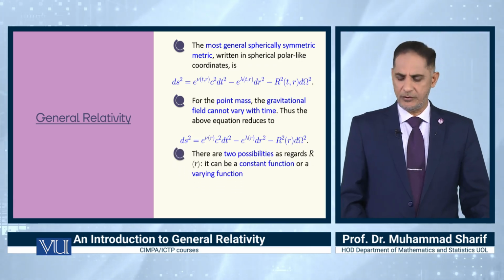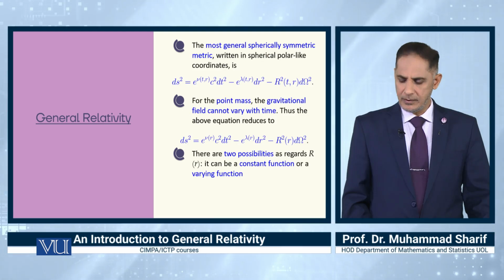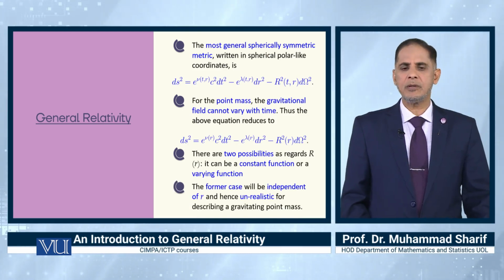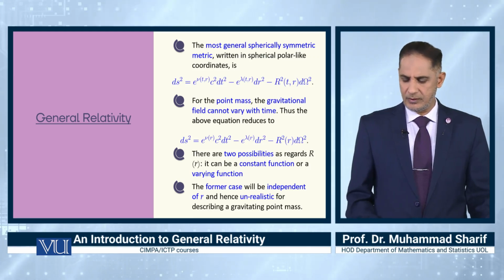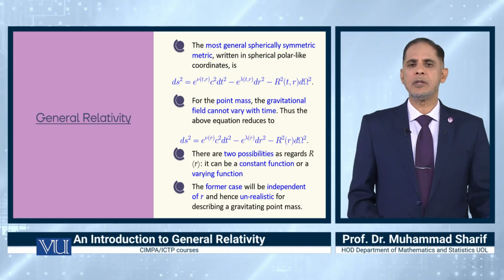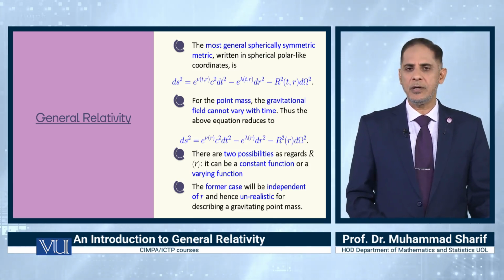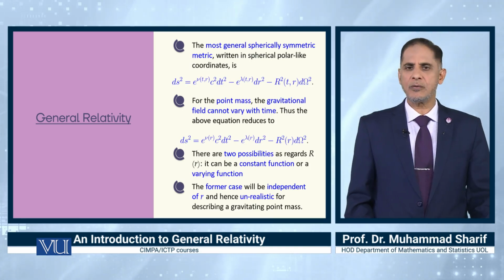Now, there are two possibilities as regards R. It can either be constant or a varying function. In the first case, when we consider it constant, this becomes unrealistic, because we are considering the gravitational mass. So, we are not considering the first case.